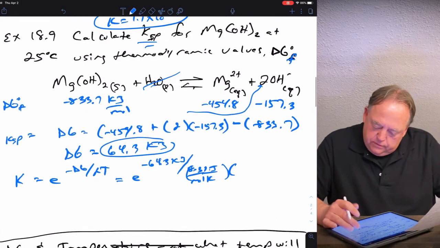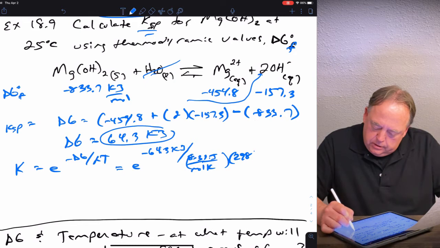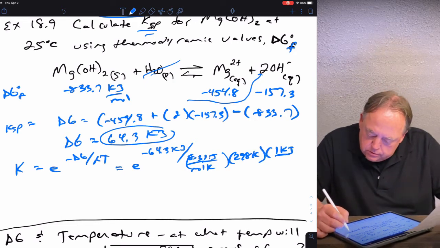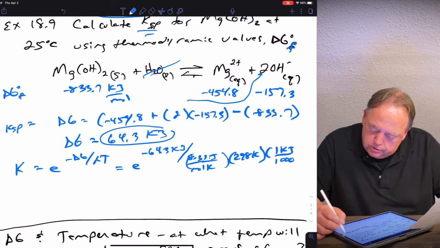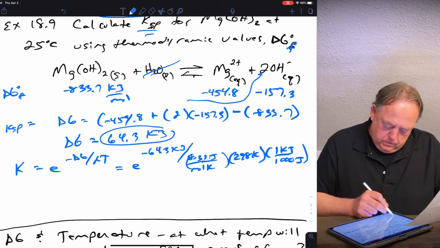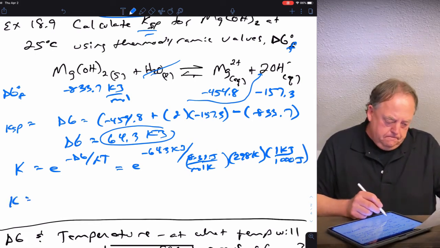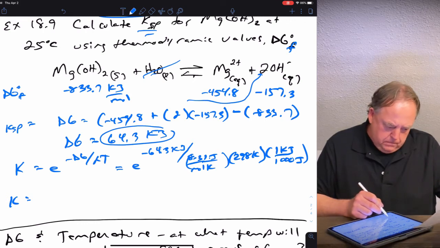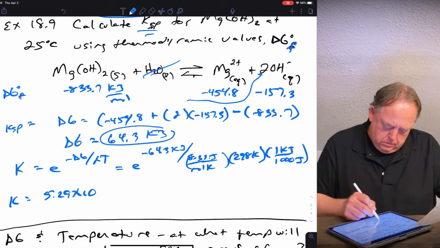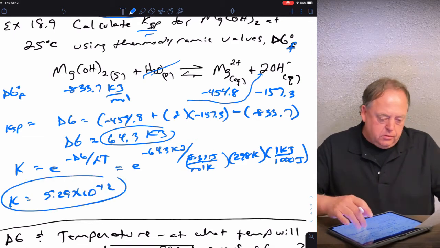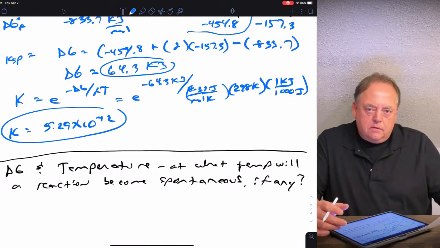And we said 25 degrees Celsius, so 298 Kelvin. And again, convert joules to kilojoules. Okay, so K is 5.29 times 10 to the minus 12.